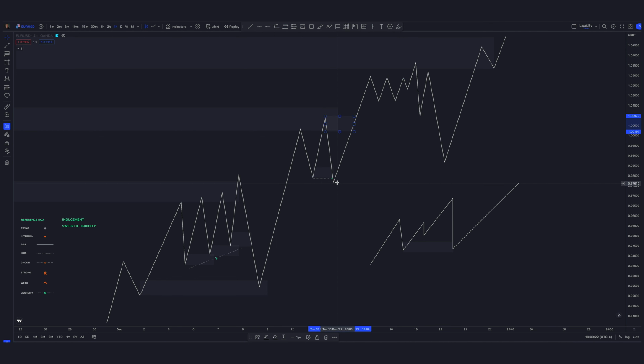So when we had a CHoCH, we would now have a supply here, but we can see that price did not respect the supply area that was created, and then we had a break of this area. So now we can be certain that this was a sweep.